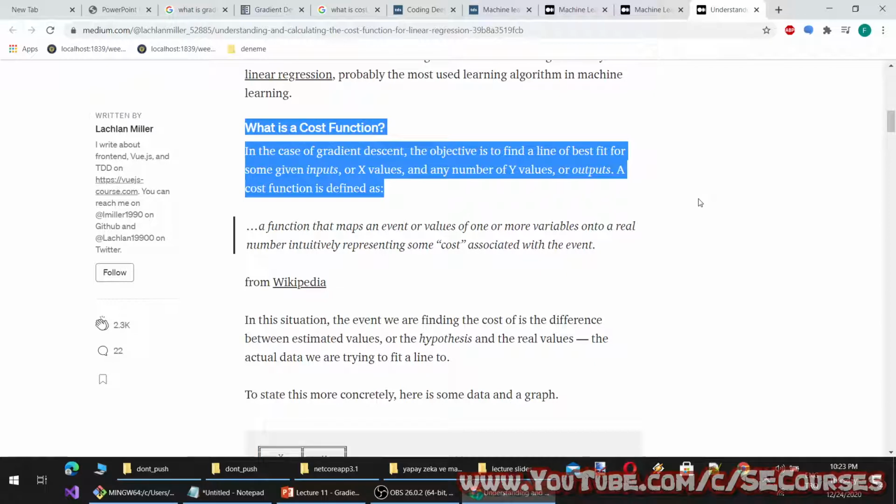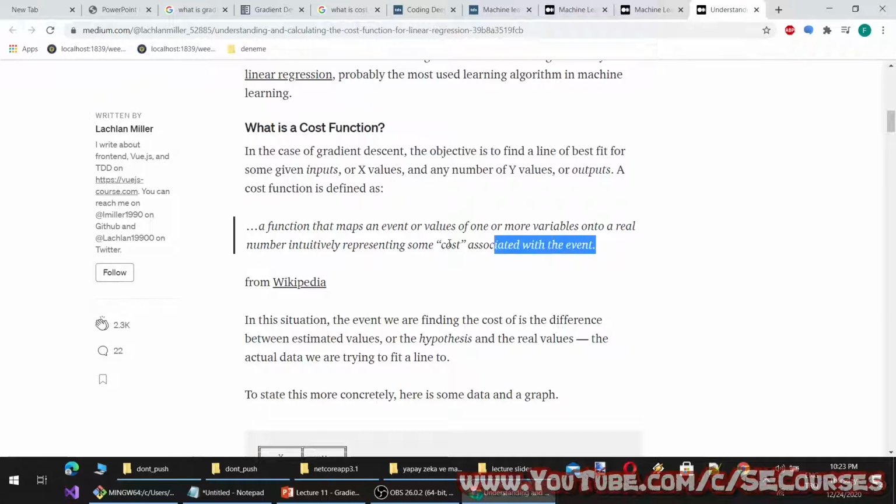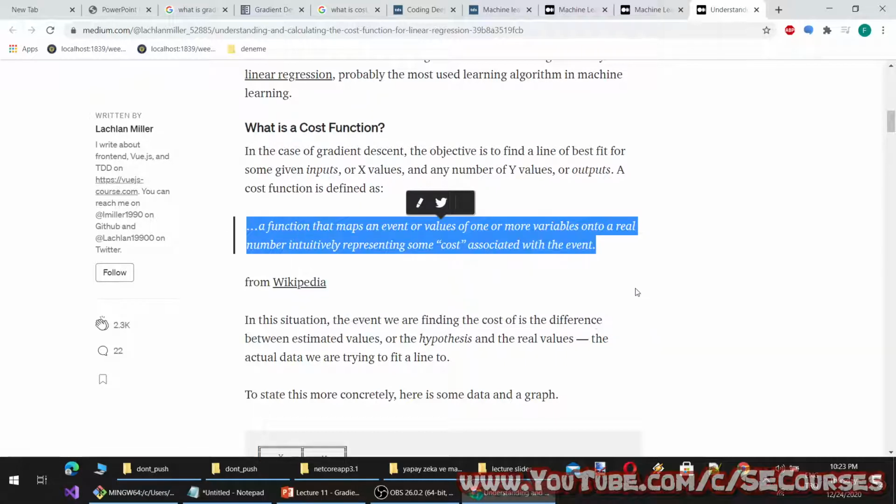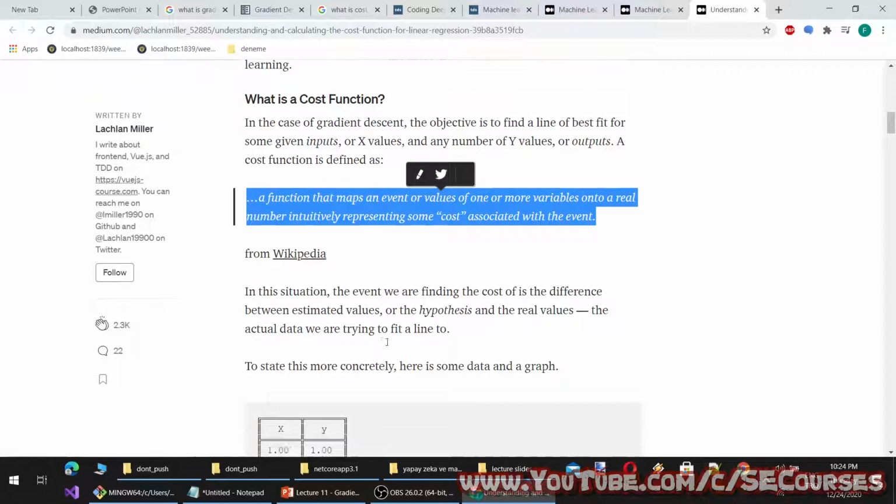What is a cost function? In the case of gradient descent, the objective is to find a line of best fit for some given inputs, or x values, and any number of y values, or outputs. A cost function is defined as a function that maps an event or values of one or more variables onto a real number intuitively representing some cost associated with the event.